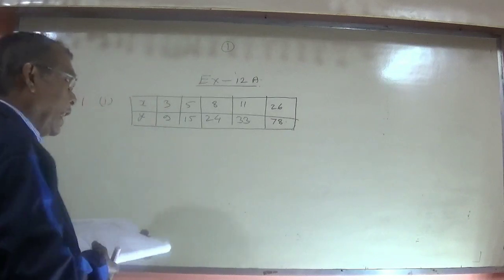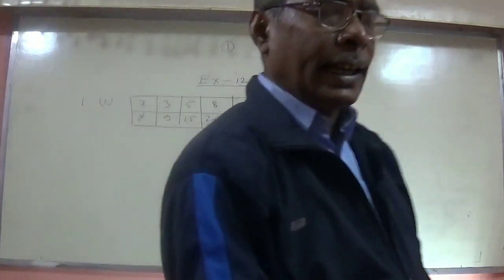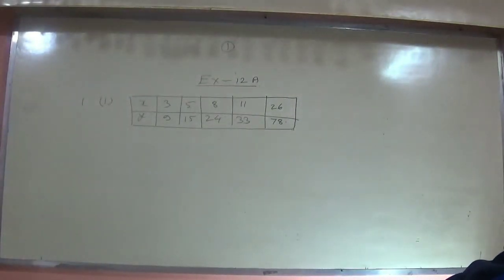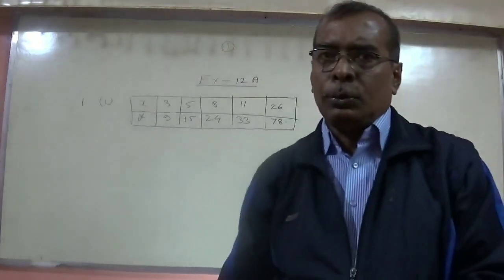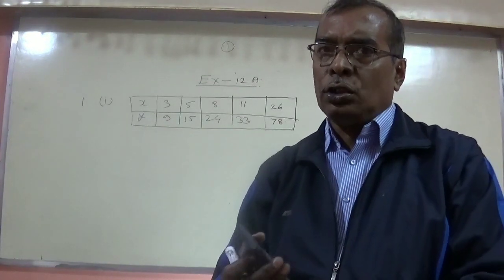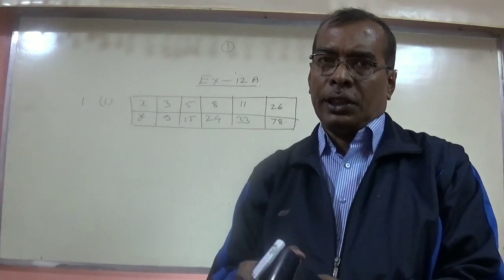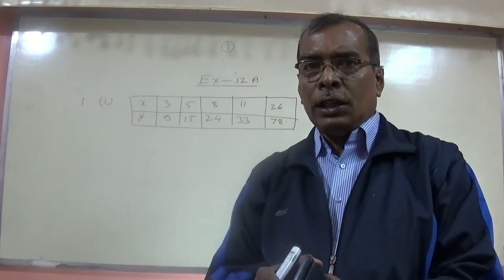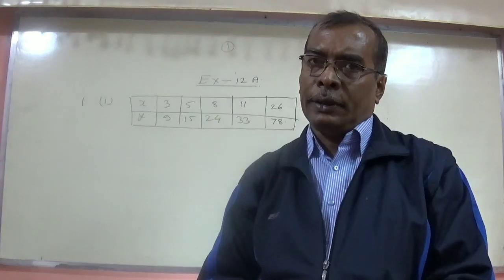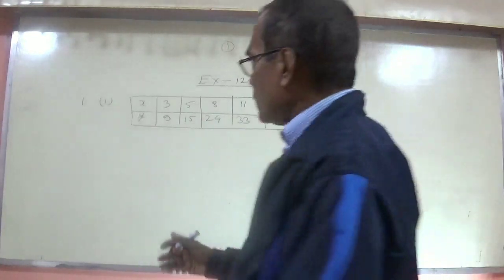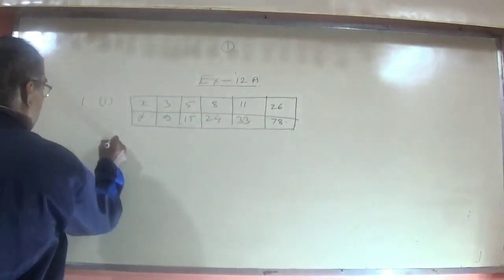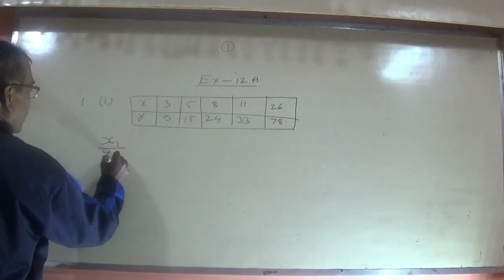So I will have to verify whether they are direct variations or not. In that case, you have to find the ratios x1 by y1, x2 by y2, x3 by y3. And if they are equal, then definitely they are in direct proportion. So let us first find x1 by y1.